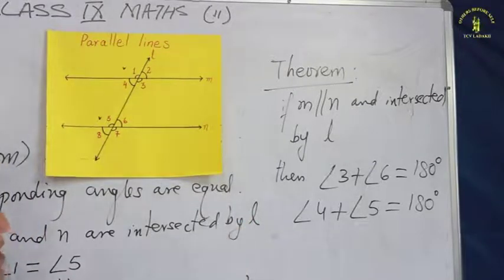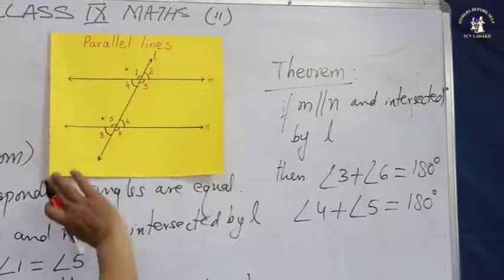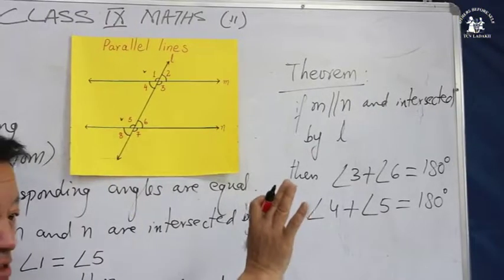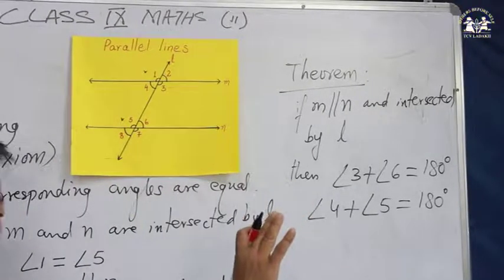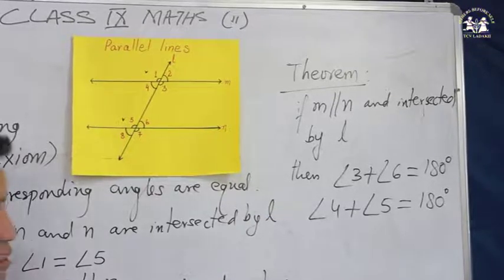We also call these two pairs of interior angles on the same side of the transversal co-interior angles or allied angles, right?